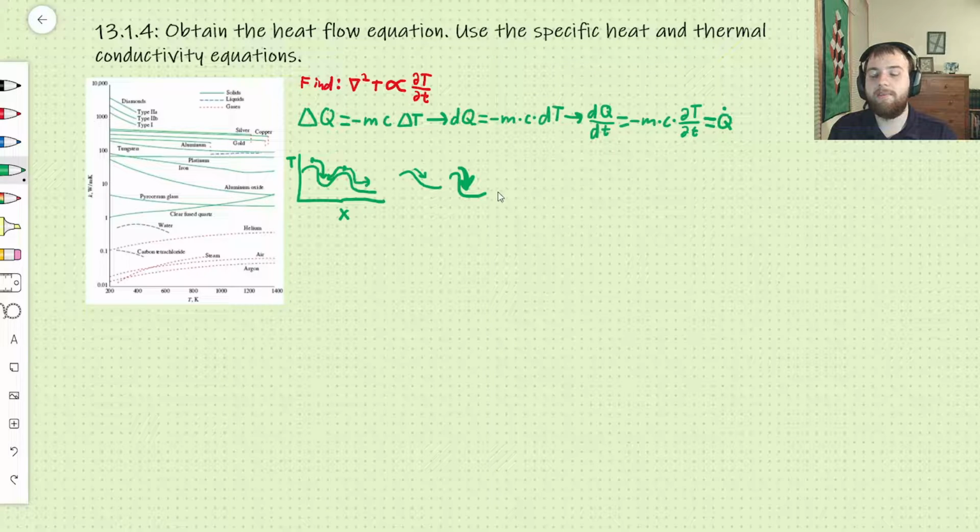That's not all it depends on. It also depends on the thermal conductivity of the object, which is why it's called the thermal conductivity equation. Something that has better thermal conductivity will take a gentle slope like this, and if it has very high conductivity, it'll still flow in large amounts even over a small temperature difference.